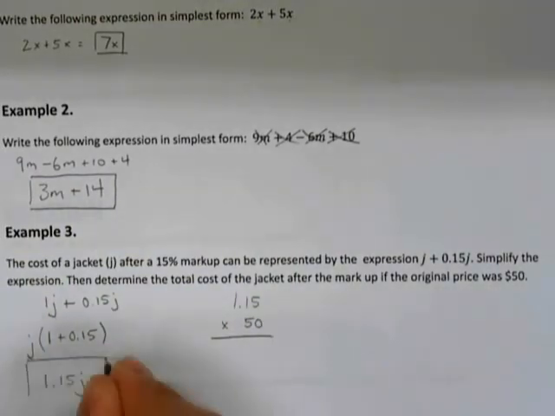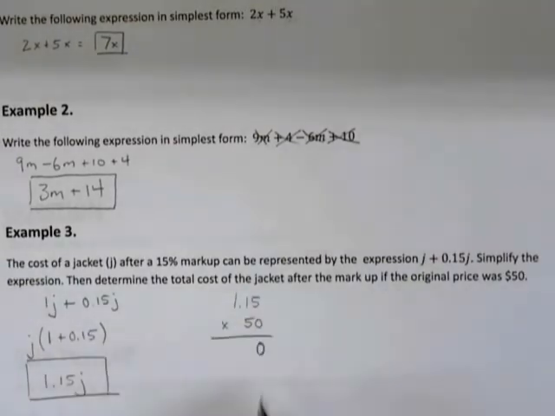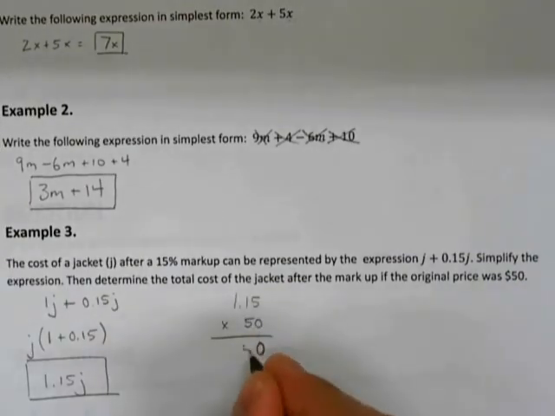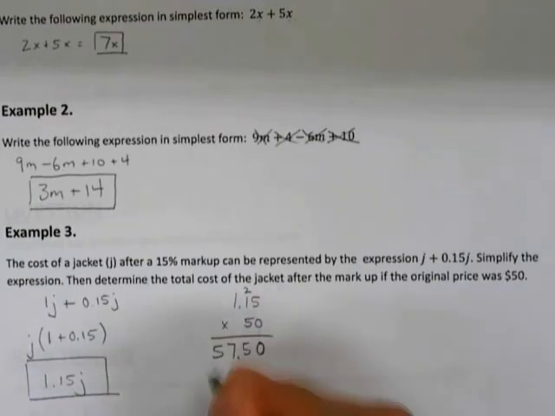First round is just going to be 0. The second round I'm starting with the 0. 5 times 5 is 25. 5 times 1 is 5 plus the 2 is 7, and 5 times 1 is 5. And so we have to move the decimal point over twice. We get $57.50.